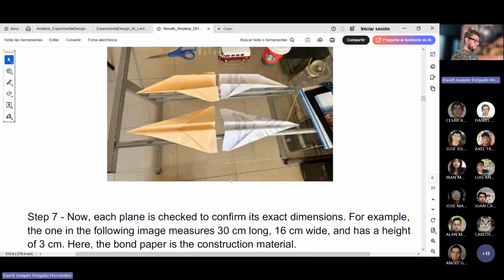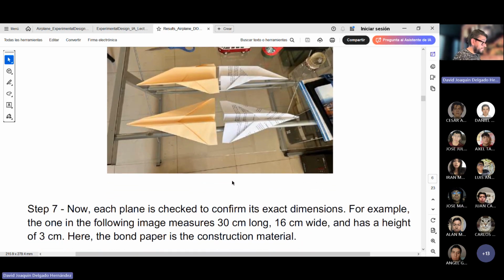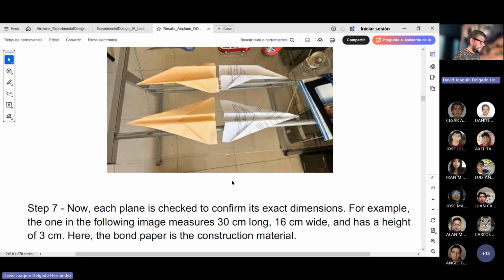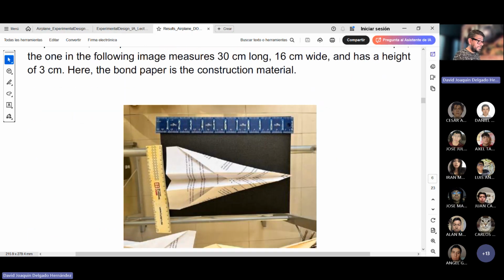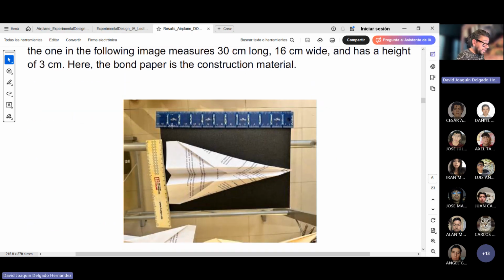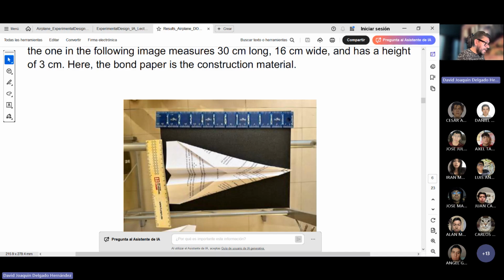Step number 7. Now each airplane is checked to confirm its exact dimensions. For example, the one in the following image measures 30 centimeters long, 16 centimeters wide, and has a height of 3 centimeters. Here the bond paper is the construction material. As you can see, I put a ruler here and here, and the idea was to measure.